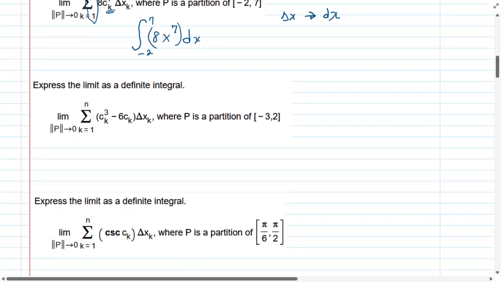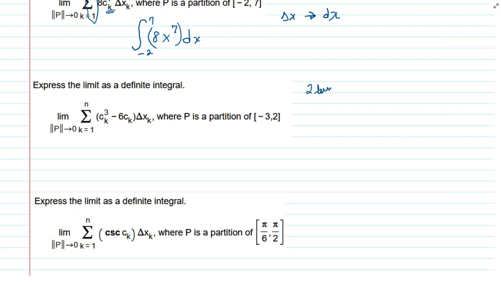Now we have this next one, and we have two terms on this one. And notice they just put the k underneath to recognize that each one is a distinct term. And so here we go. We have the limit as the norm approaches 0 of the sum from k equals 1 to n, the number of partitions, for this value, times delta x sub k.